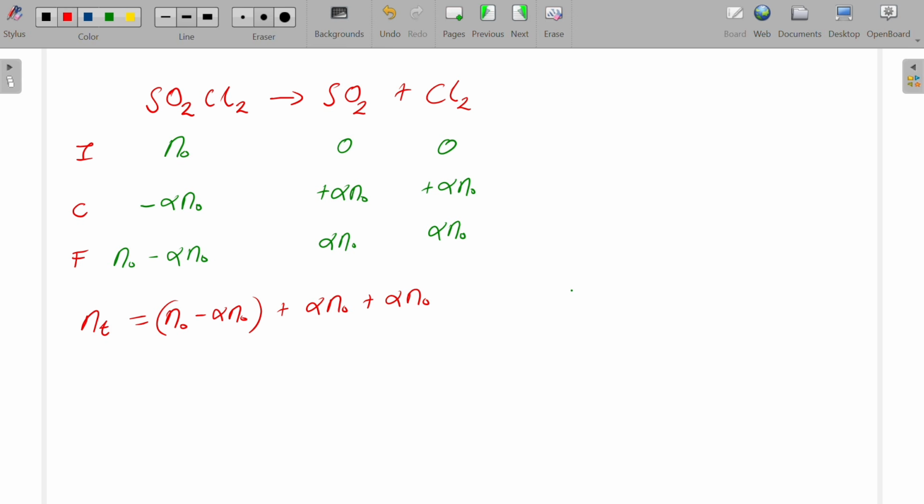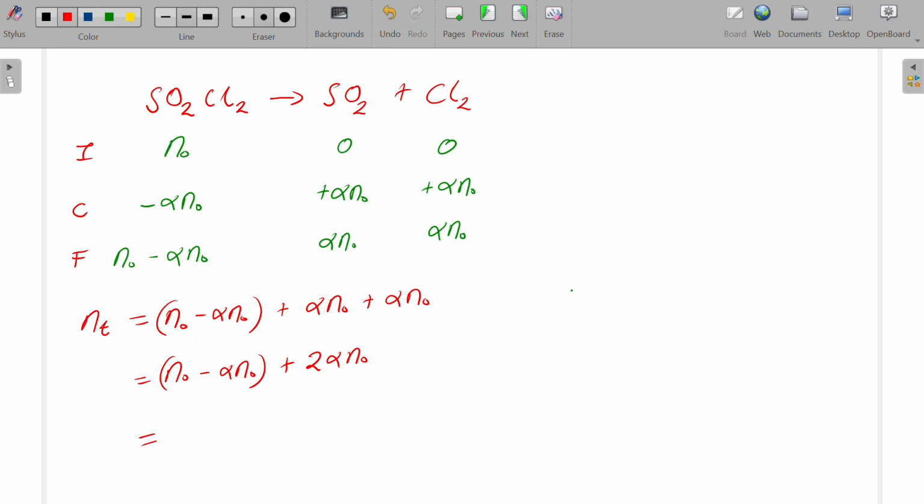We have N initial minus alpha N initial, and when we add these two, which are the same, we get just 2 alpha N initial.